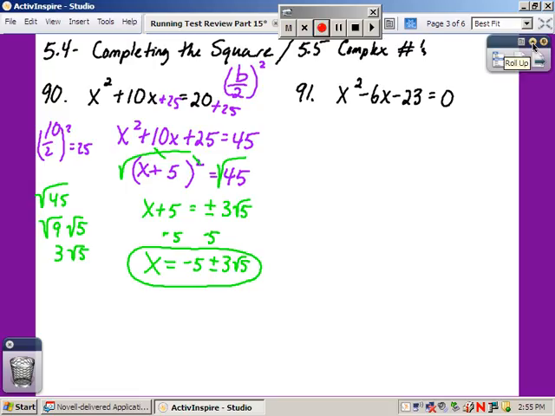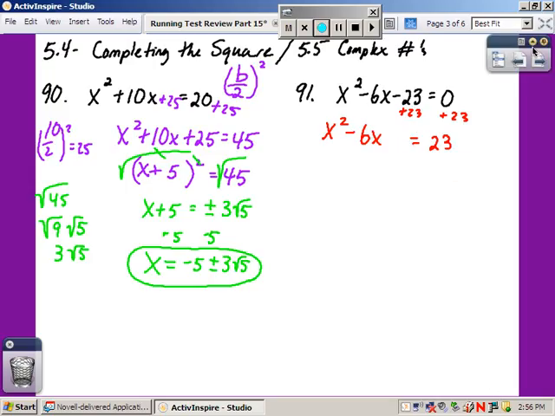Alright, if we look at number 91, notice that there's already a number here, but again, we don't want whatever number they gave us. We want to put our own number in there, the correct one. So this is a minus 23 that has to be added to the other side. So now I'm going to figure out what goes in there.